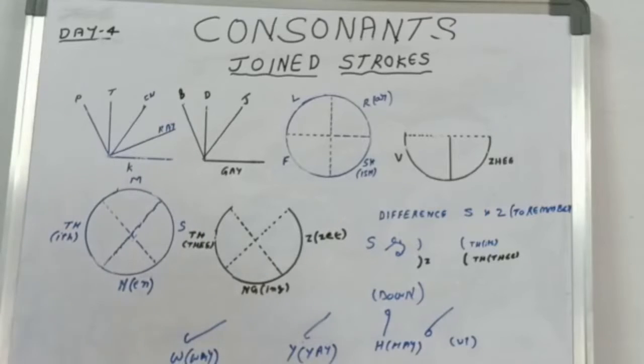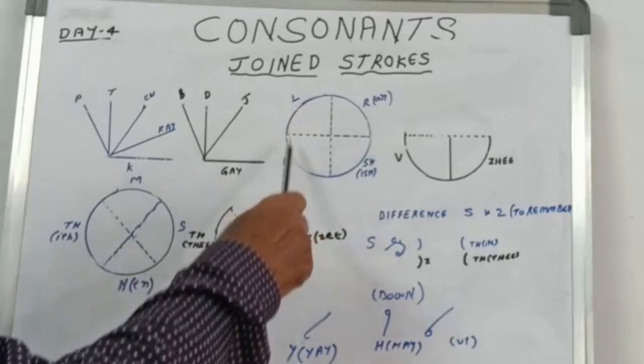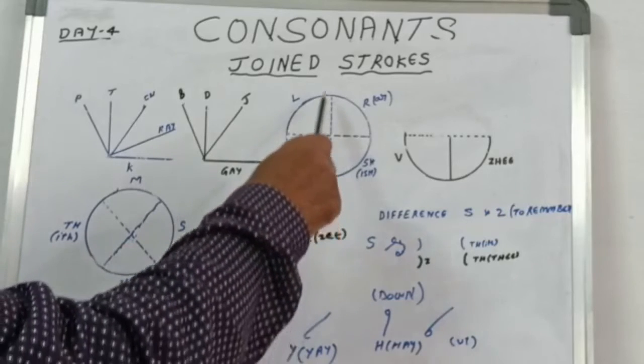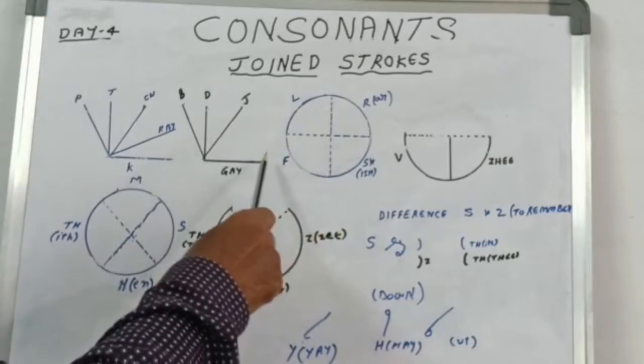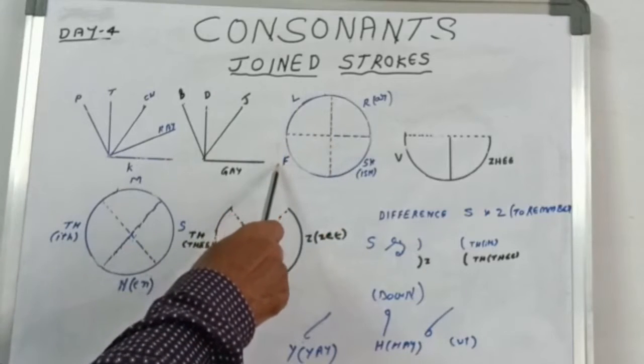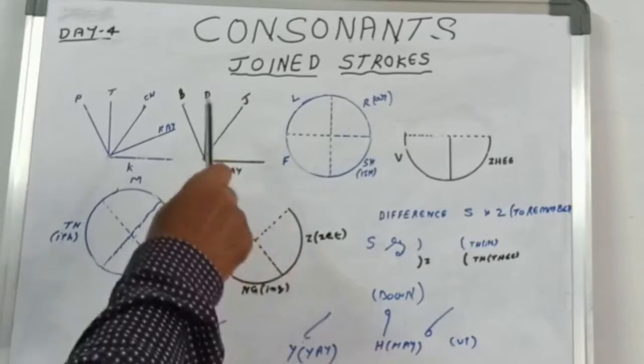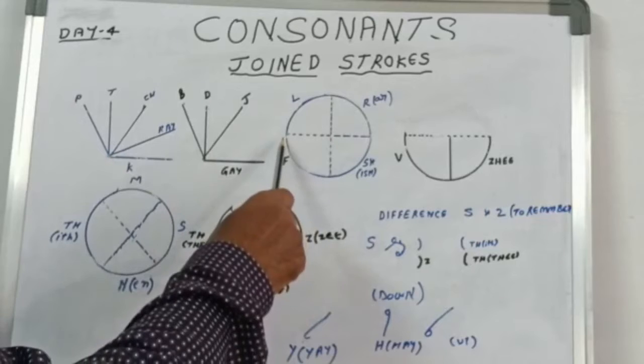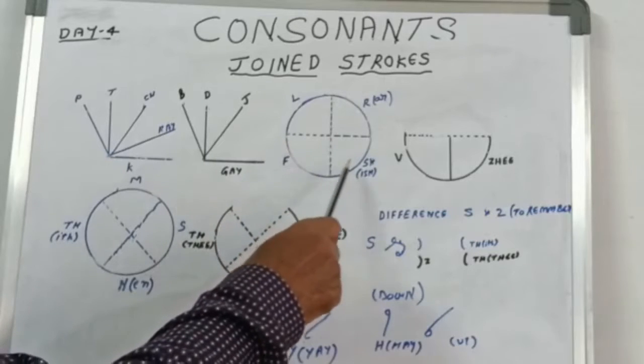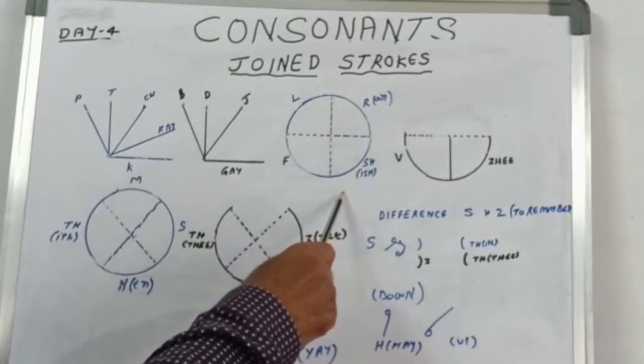Here are the curved strokes. Take a circle and divide it into 4 parts. This part is F, a forward curve. Opposite is Ish.